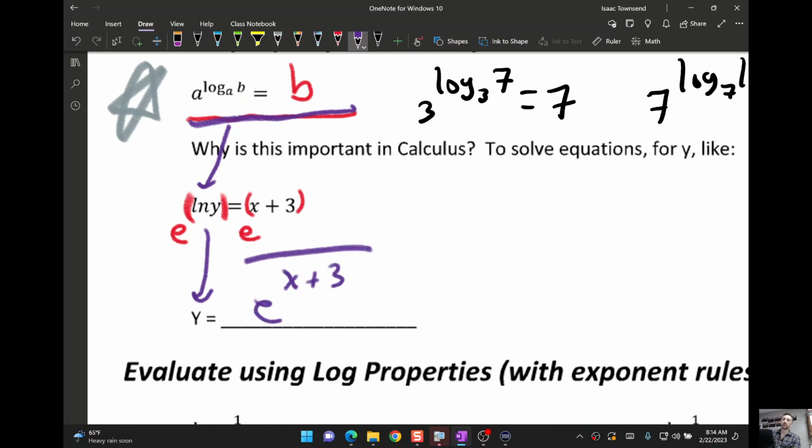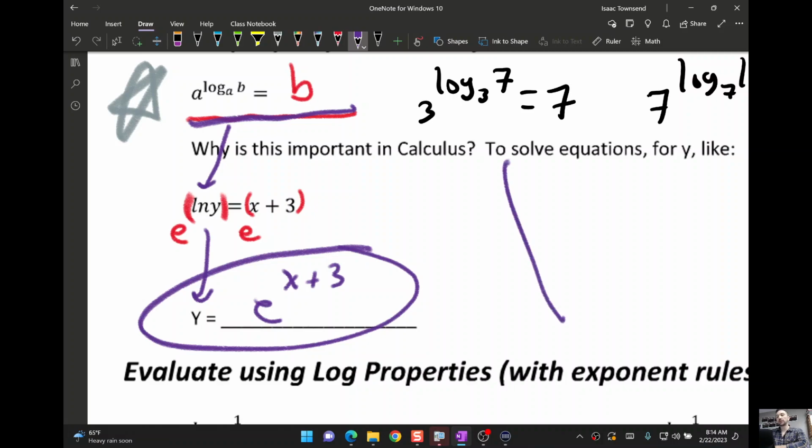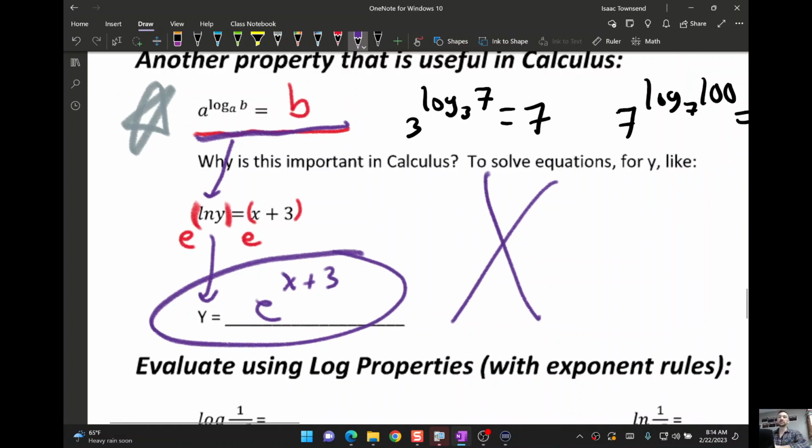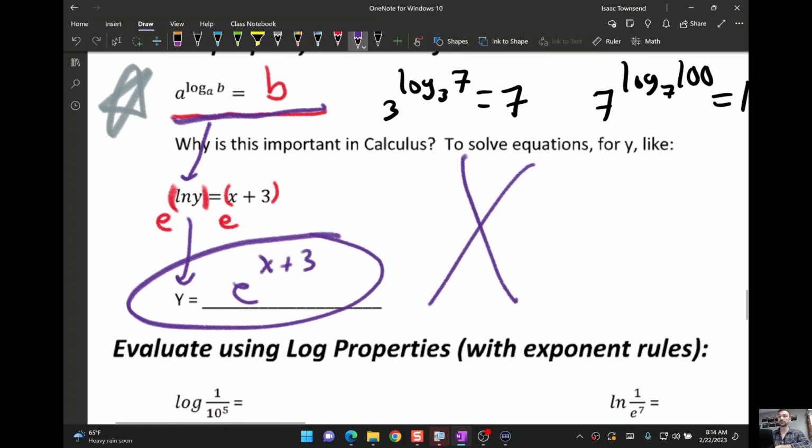That's really the only way to dig a y out of a natural log like that. So again, we won't test you over this part, but I'm just giving you some context of why that property is expected to be known. You probably saw that in Algebra 2 also, but you may not remember it because you didn't do anything with it.